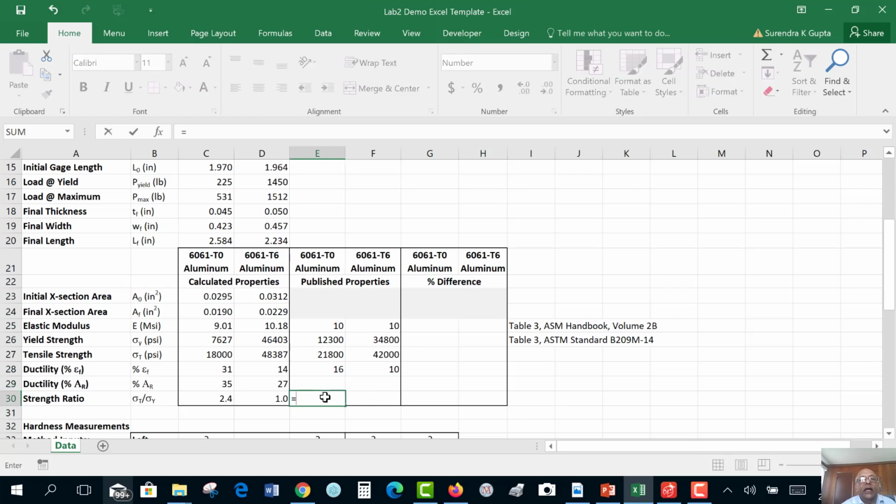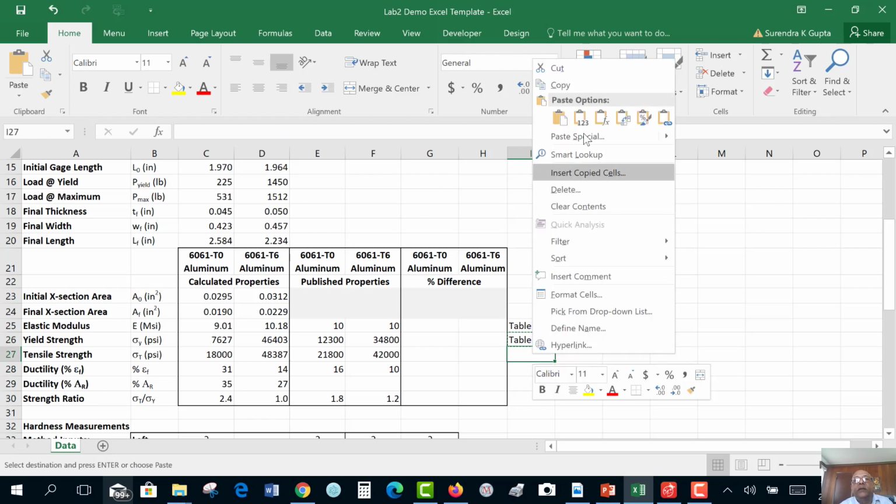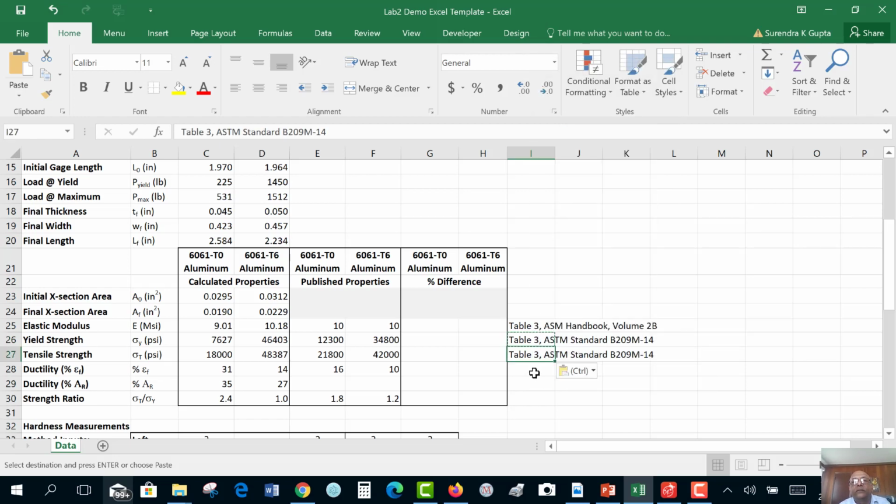Strength ratio, we can calculate this divided by that, and same thing here, this divided by that. Okay, we got the other two values from the same table. So let's color them red so they highlight.